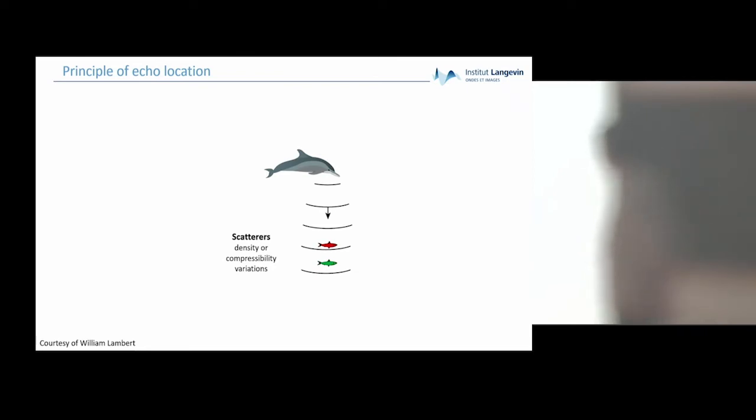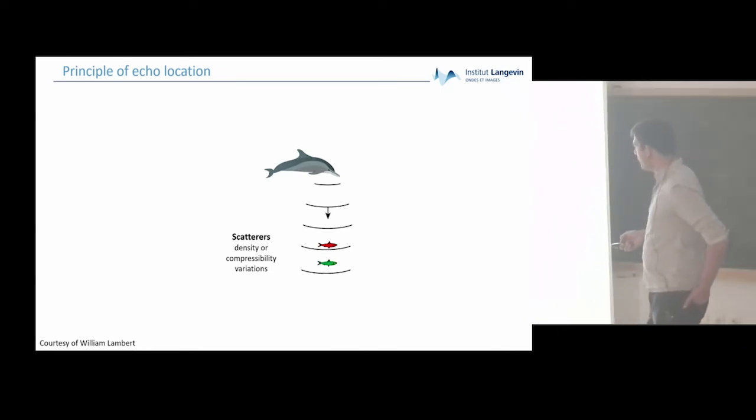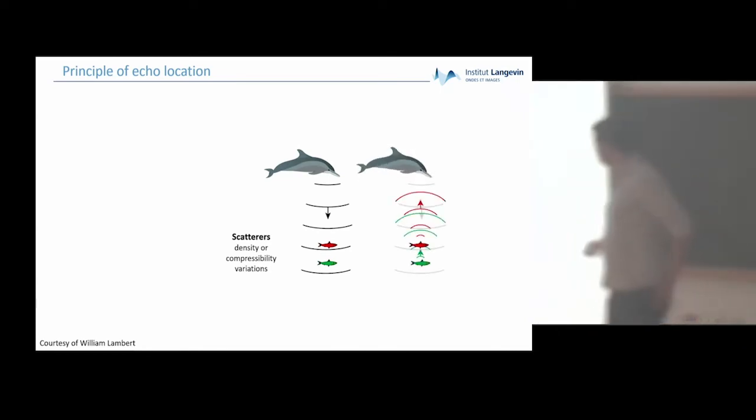What you can do is to send an ultrasonic wave, for example, like a dolphin, and then this wave propagates through the sea, and at the end, it can be reflected by fish that are inhomogeneities in terms of density and compressibility, and echoes are coming back towards the emitter.